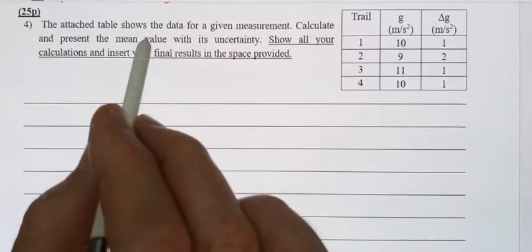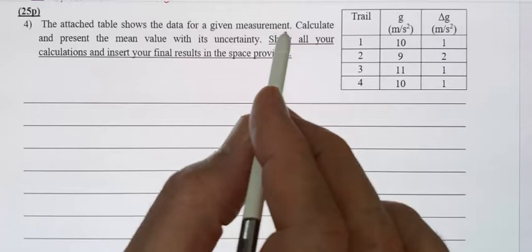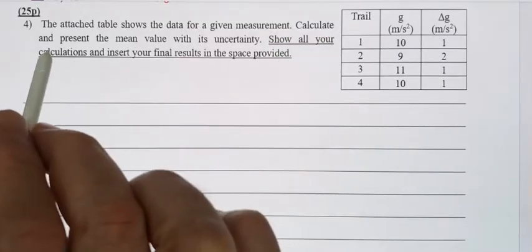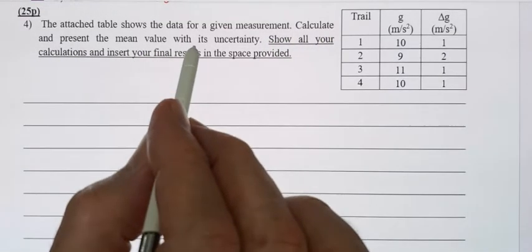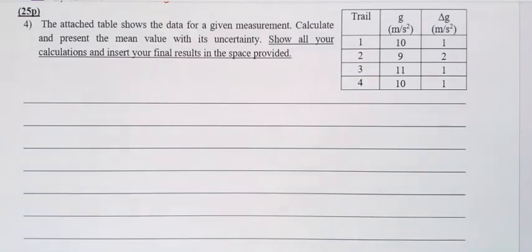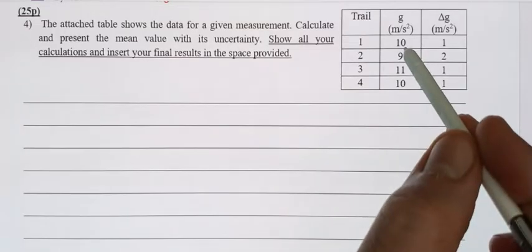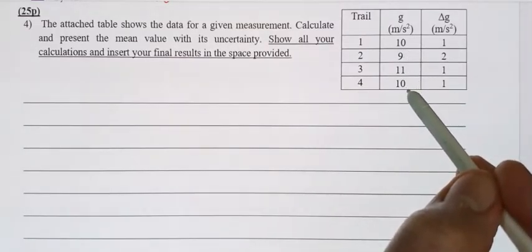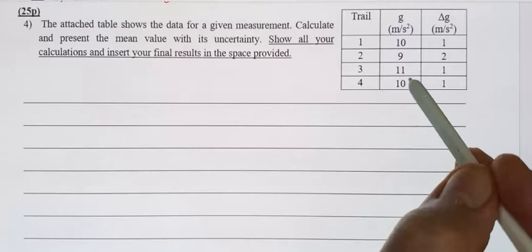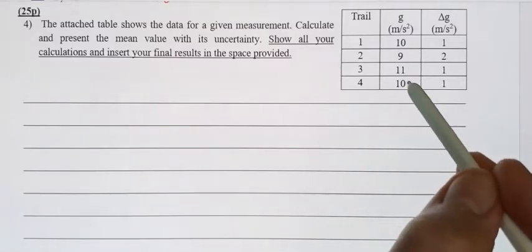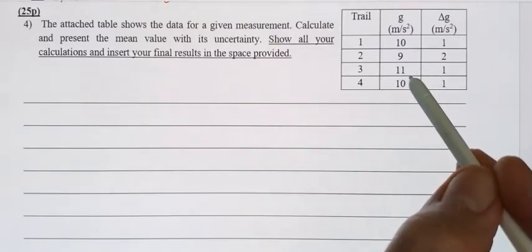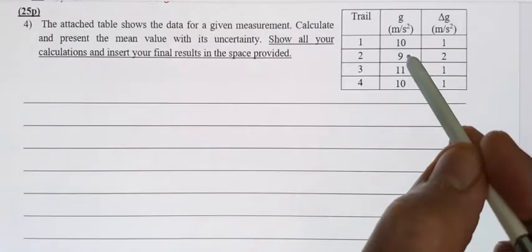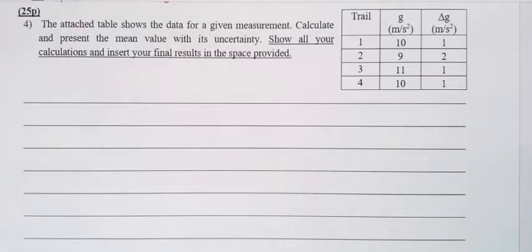Now the attached table shows the data for a given measurement. Calculate and present the mean value with uncertainty. So this is standard deviation. We measured 4 times. We find the average, and after we find the average, we find the standard deviation, and after the standard deviation, we find the error.